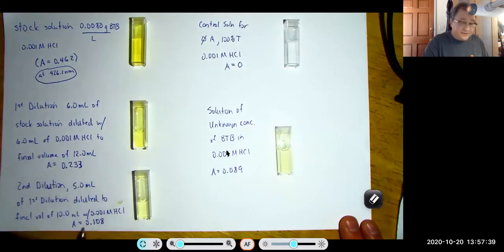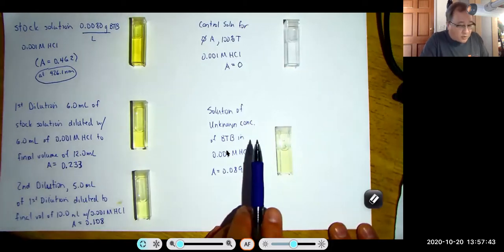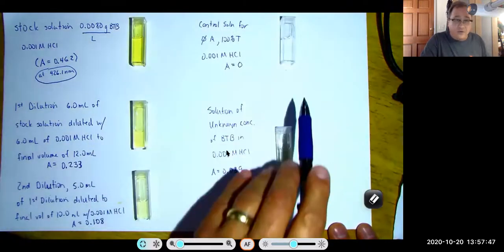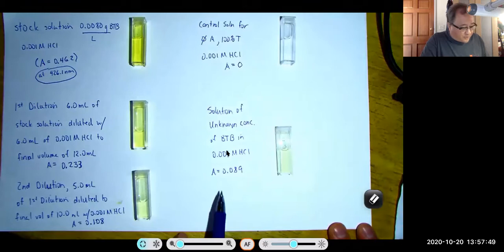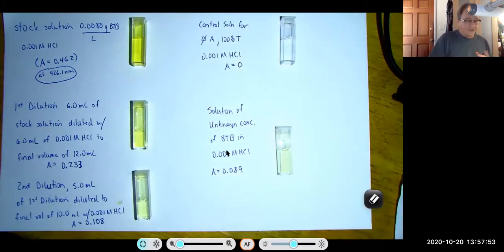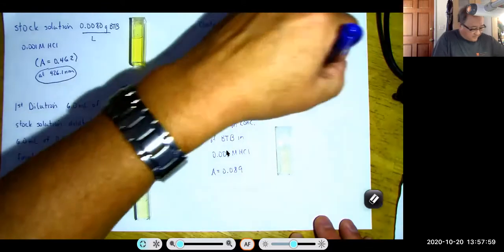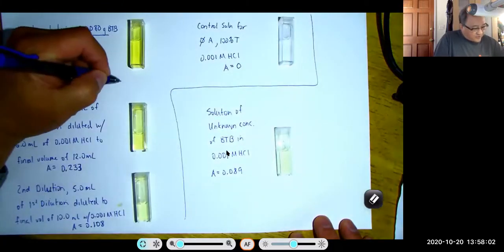The absorbance for the second dilution is 0.108. The absorbance for the control here is 0, of course. And the absorbance for this solution is 0.089. So you're going to take this information and you're going to build a calibration curve using this data here. You're going to make a calibration curve.